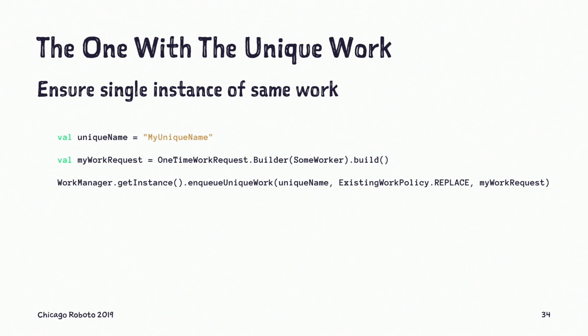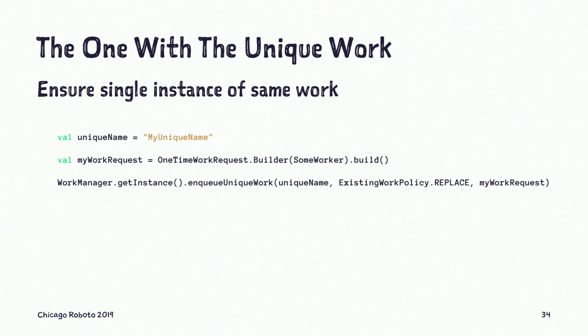That can be very tricky because let's say you want to do a sync operation, for everything that has been pending since the last sync happened, and you start this in your application class, as an example. What will happen is every time your app starts up, that worker would get created, and let's assume you chose internet to be a constraint, that it has to be connected to the internet to work. So let's say out of the 5 times he opened the app, 4 times there was no internet, and the 5th time he got internet.